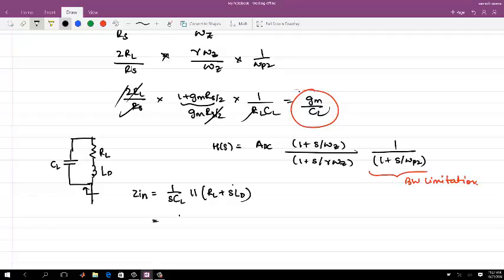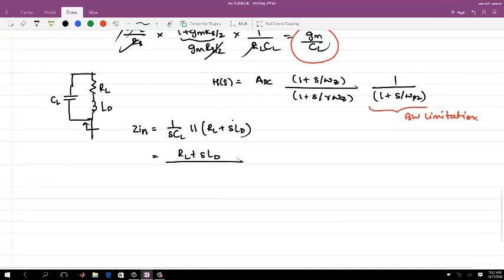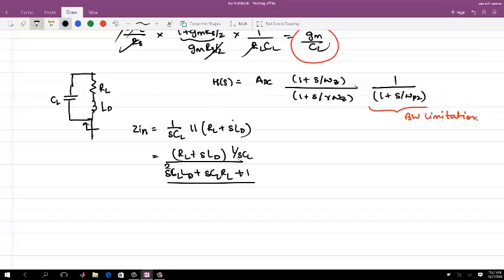So you have RL plus SLD into 1 by SCL, divided by S square CL LD plus SCL RL plus 1, all divided by SCL. So if I take all this into account, my new H(S) will be ADC.